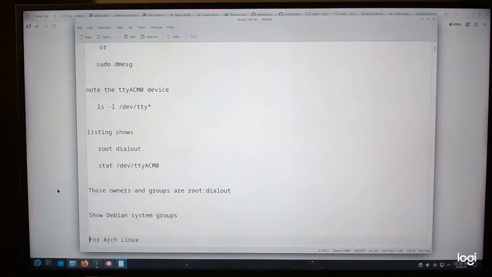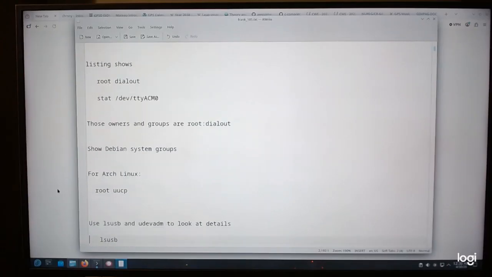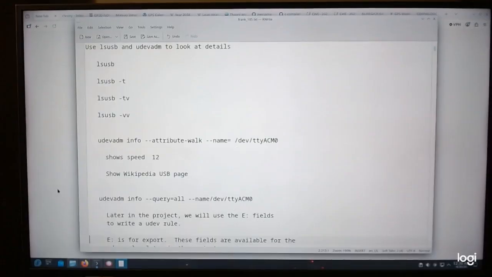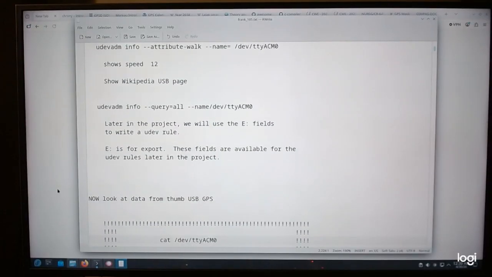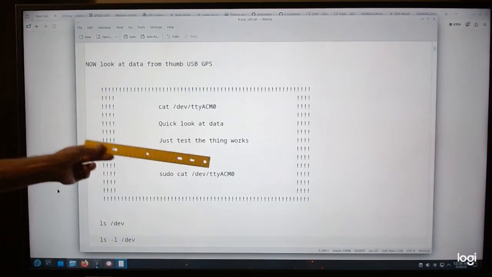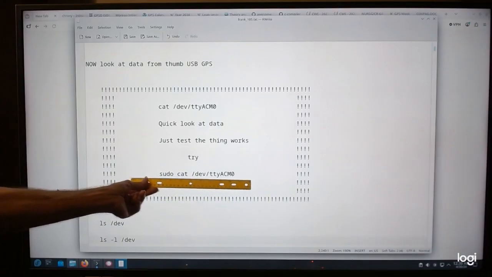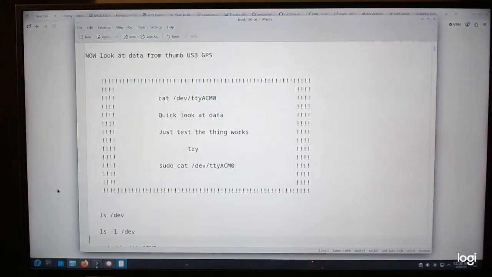I made a video earlier about this. I'm just going to kind of scoot on through this. If you need to look at the commands, I'm just going to scroll on down. If you want to take a quick look at the data and nothing works, you can try sudo cat, and you may be able to quickly look at your data.